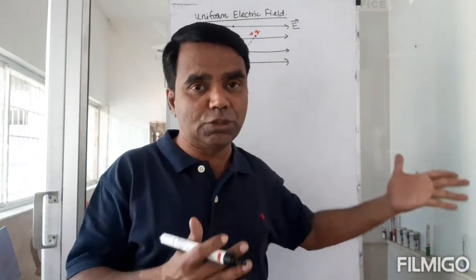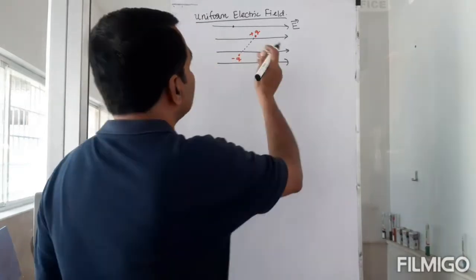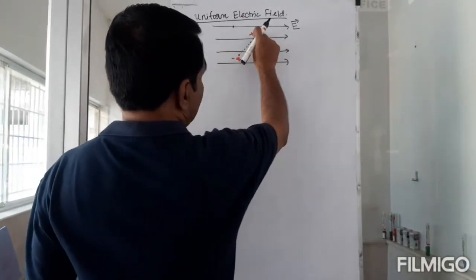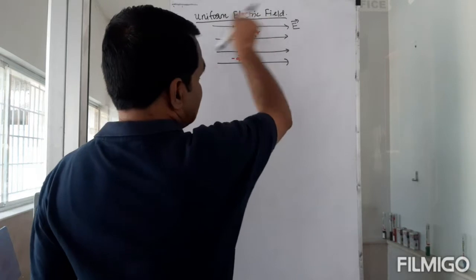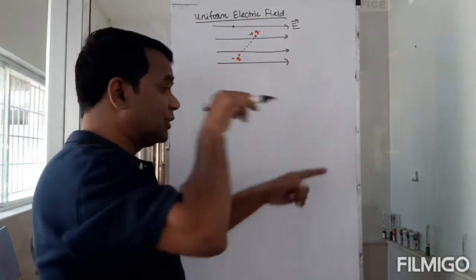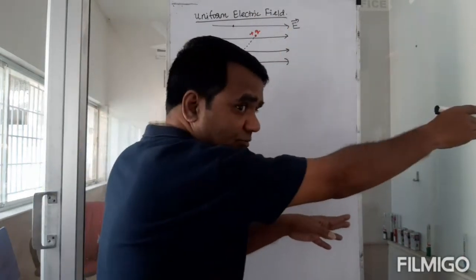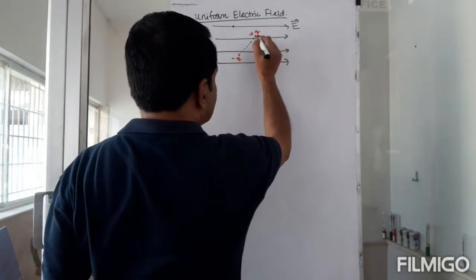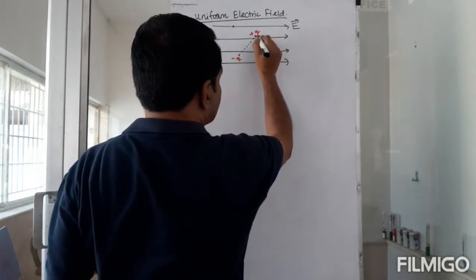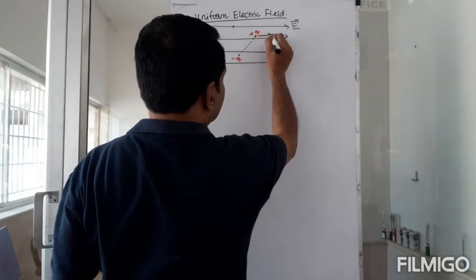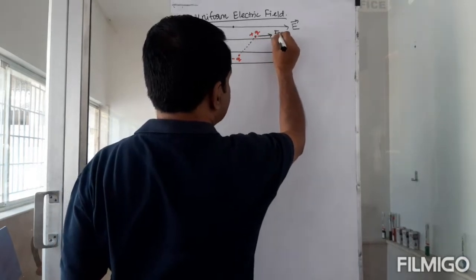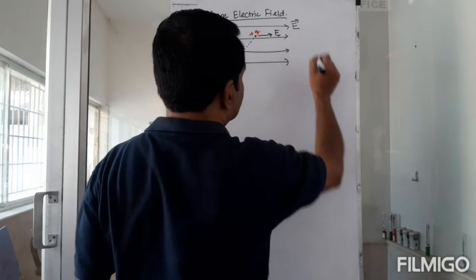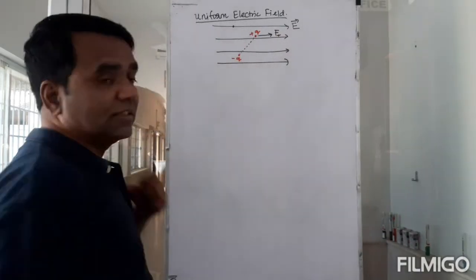And let's see how the force would be. This is positive charge Q. The field is in this direction, which means that a unit positive charge will be repelled in that direction. So this positive charge will also experience a force in this direction. So the force experienced by the positive charge is in the direction of E.